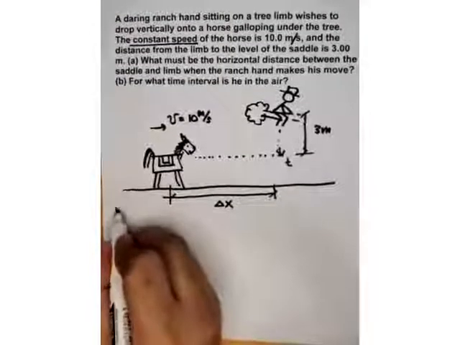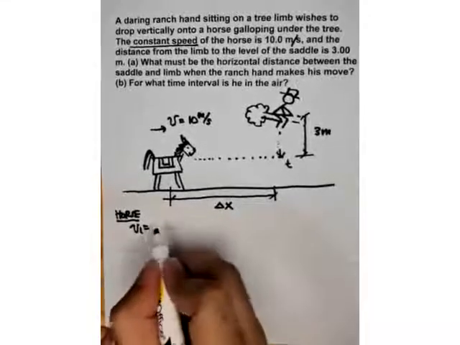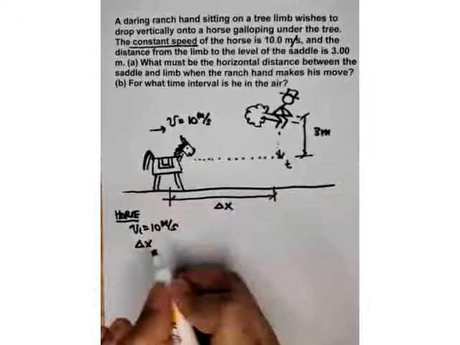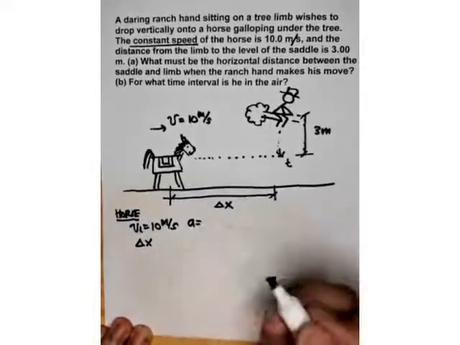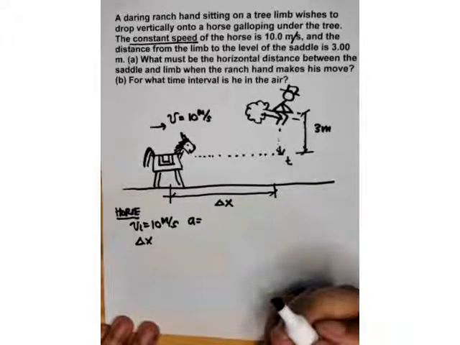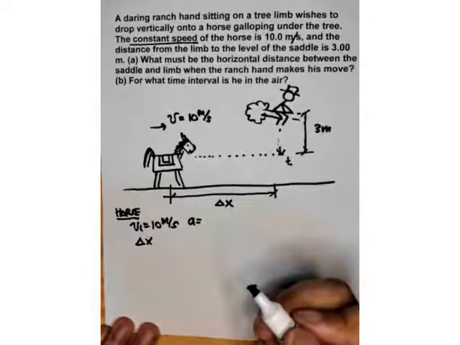So, unahin na muna natin yung horse. Okay? Anong alam natin sa horse? Ang initial velocity niya ay 10 meters per second. At hinahanap natin yung kanyang displacement. So, ano yung kanyang acceleration? Given ba? Hindi?